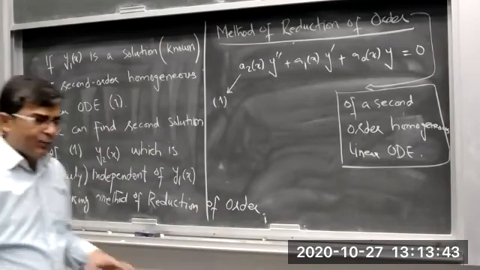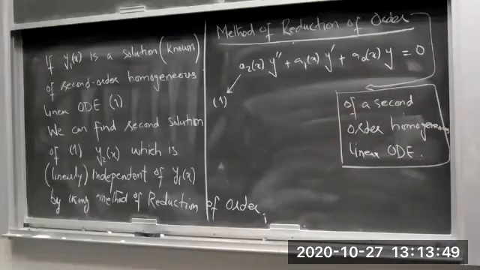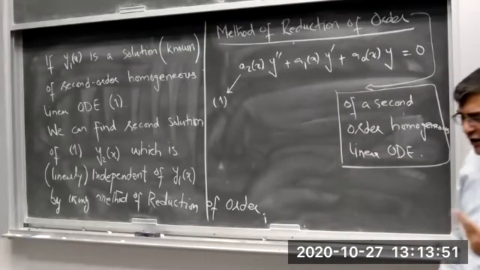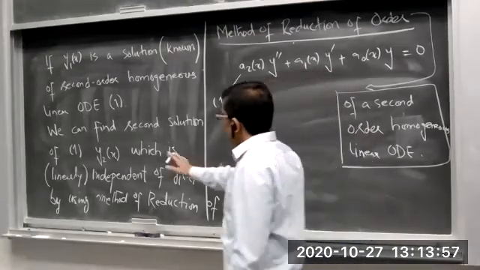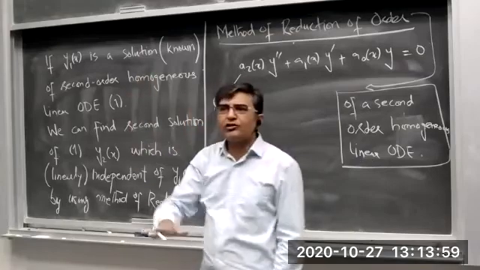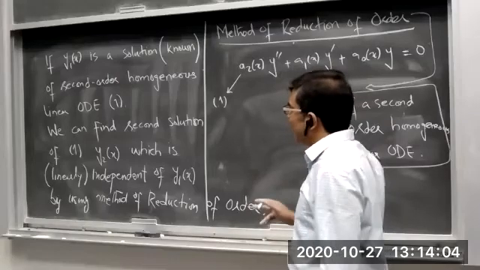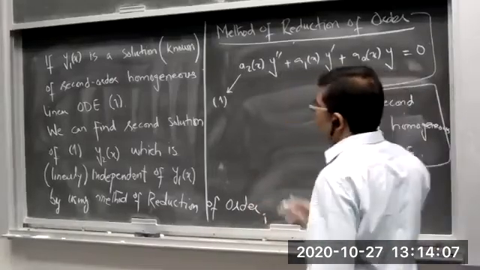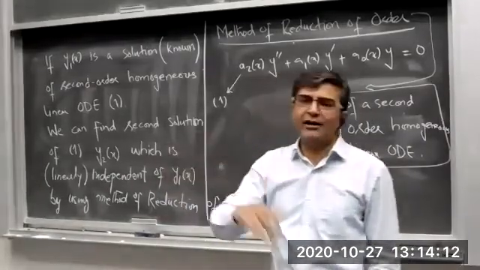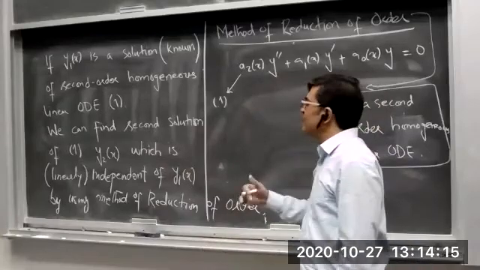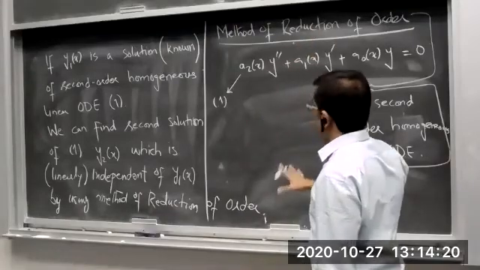So this method is very important. This method will be used when we discuss how to solve higher order ODEs. If y1 is a known solution, we can find the second solution y2 of x, which will definitely be independent of the first solution y1. Both solutions y1 and y2 form a fundamental set of solutions, and then we can write the general solution by using this method of reduction of order.